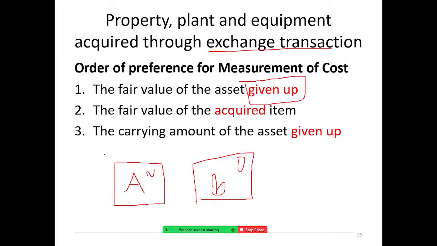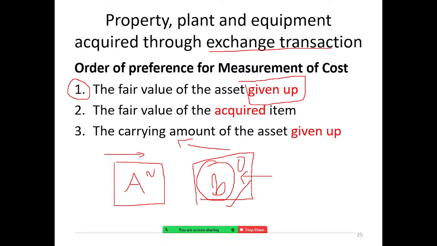Asset A will come into the organization and asset B will go out of the organization. Here the first option is the fair value of the asset given up. So asset B will be given up, and if we know the fair value of asset B, then we have to take this value.